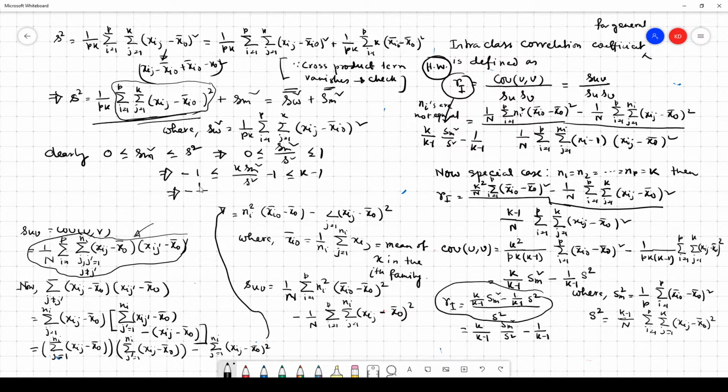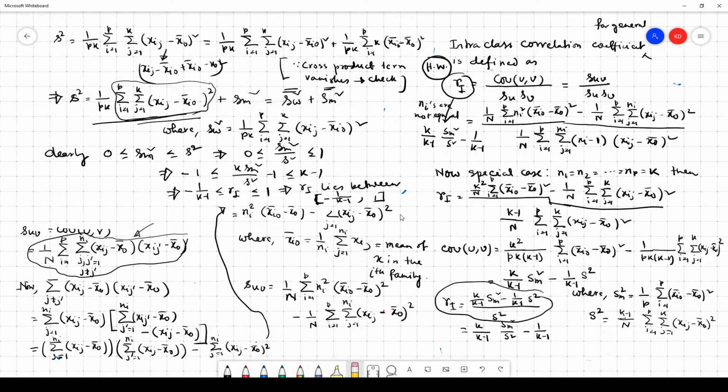So okay, so this means Ri lies between the closed interval -1/(k-1) to 1.